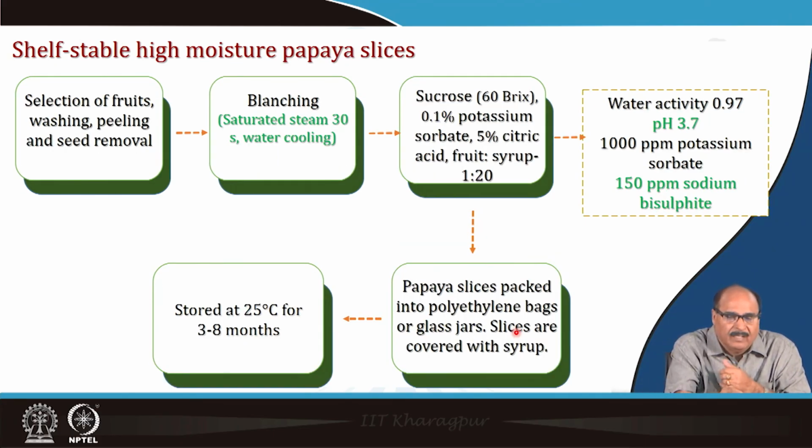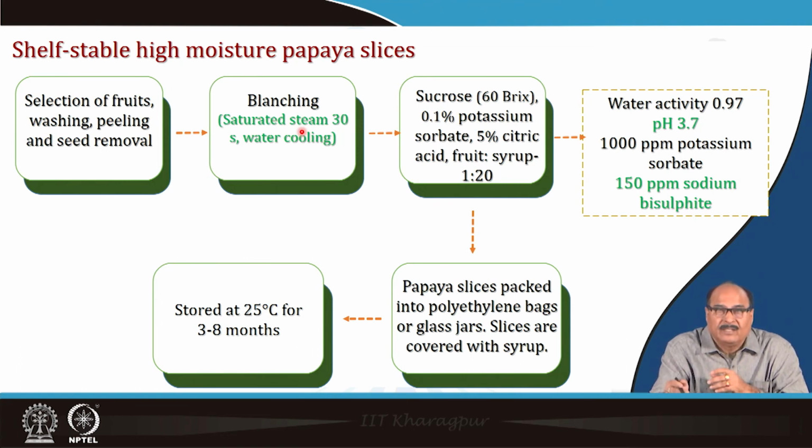Okay. Similarly, shelf stable high moisture papaya slices: papaya peeling, seed removal, etc. Blanching in saturated steam for 30 seconds followed by cooling. Then sucrose is added to get 60 brix TSS, 0.1% potassium sorbate, 5% citric acid, and the ratio of fruit to syrup is 1:20.